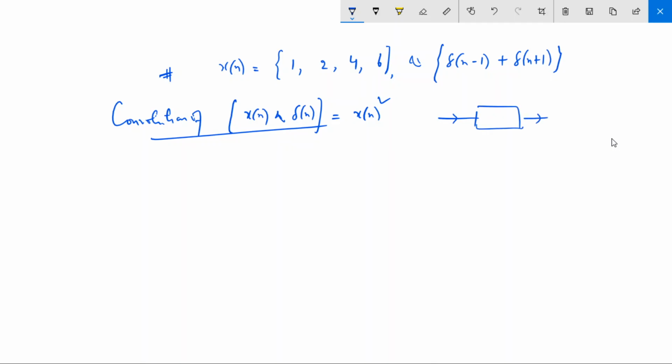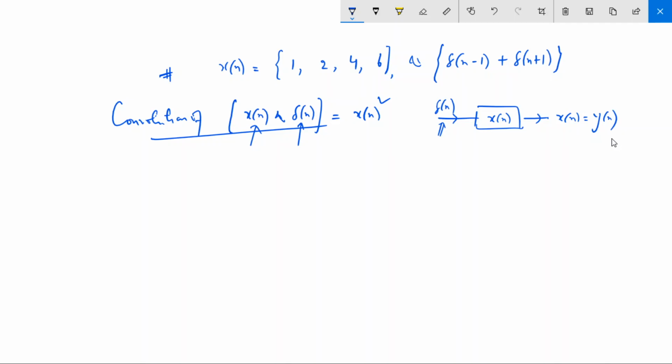If you have the convolution of two signals, it means one signal is the input and one signal is the impulse response. So if I am finding the convolution of x of n with delta n, I can say my input is delta n and the impulse response of the system is x of n. So what is the output? When the input is impulse, the output is nothing but the impulse response, which is equal to x of n. So y of n simply becomes x of n.